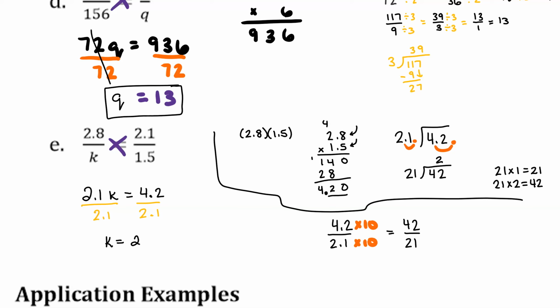And if doing that division seems intense, look for what goes into both. Both of those numbers from your times table are divisible by 3. So I can divide by 3, and that would give me 14 over 7, and then both of those are divisible by 7.